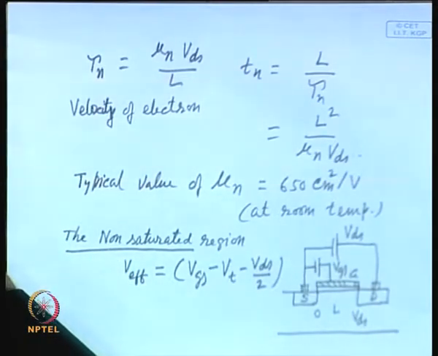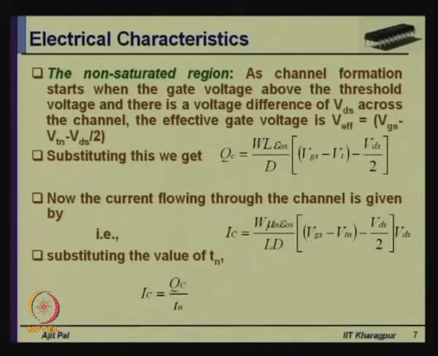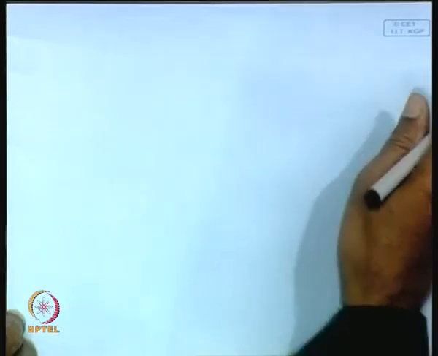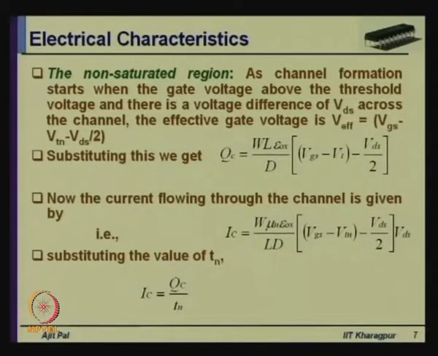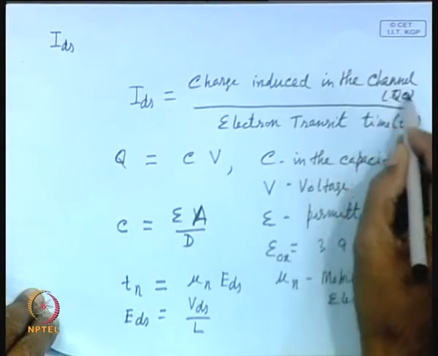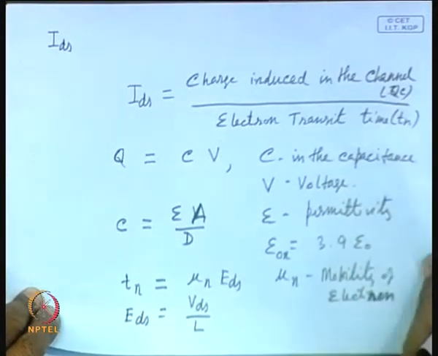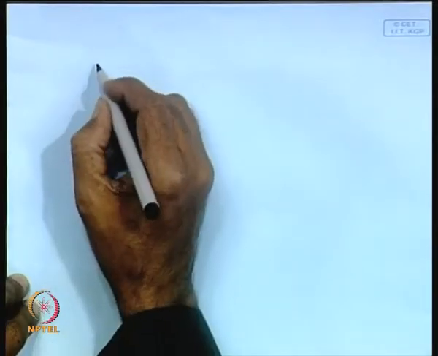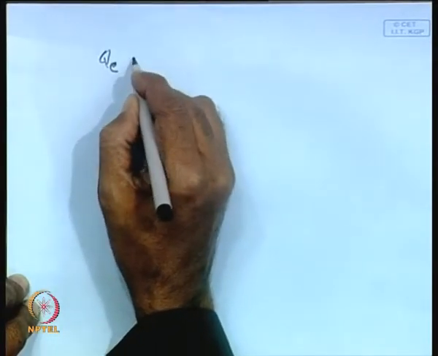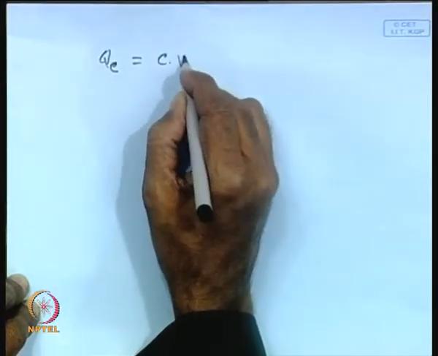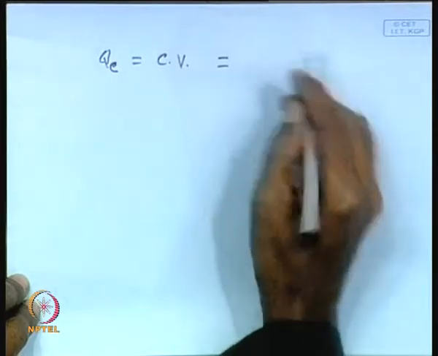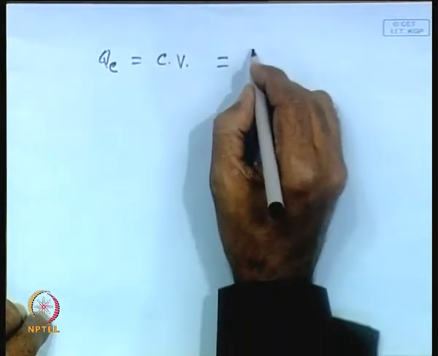Now, we can derive the expression for current. For that purpose, first we shall find out QC, the charge induced in the channel, which is equal to C into V. What is the value of C?